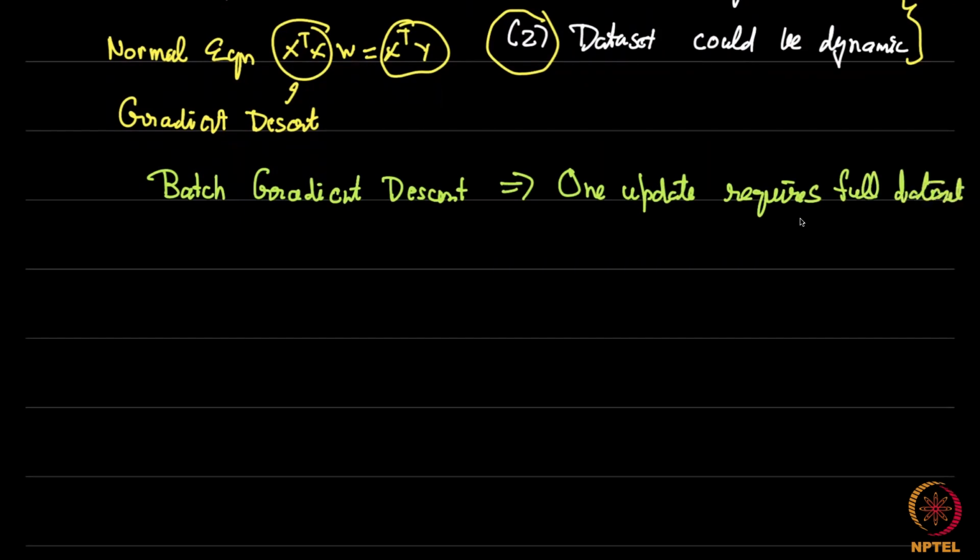Another way to say it is, this is called one epoch. One epoch means the update, or the gradient, has seen the full data set.